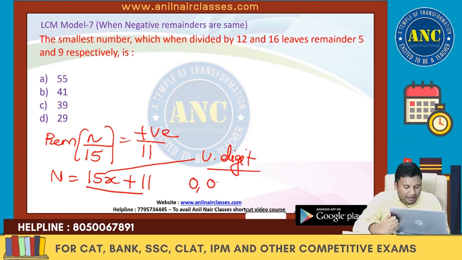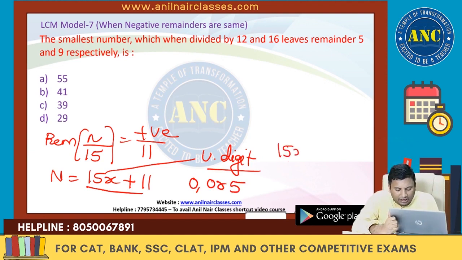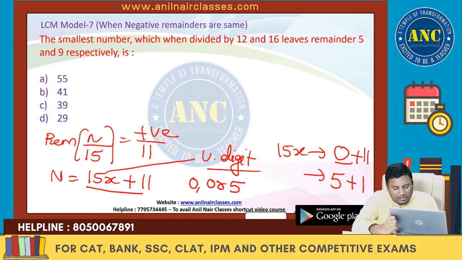Any number multiplied by 5, unit digit will be 0 or 5. So 15x will give you unit digit 0 or 5. So if I add 1 to it, answer will have unit digit 1 or 6.